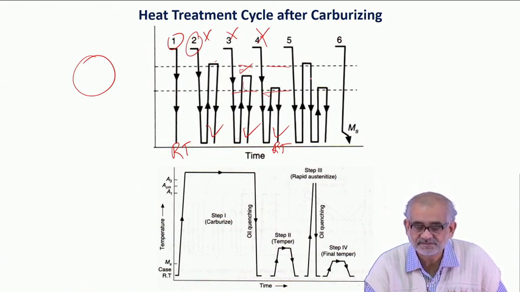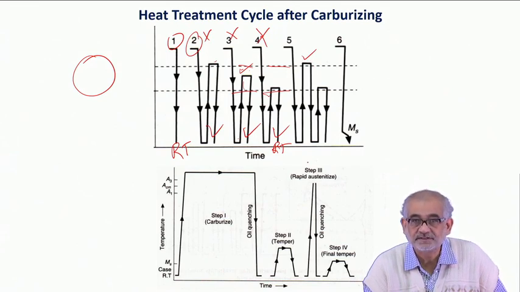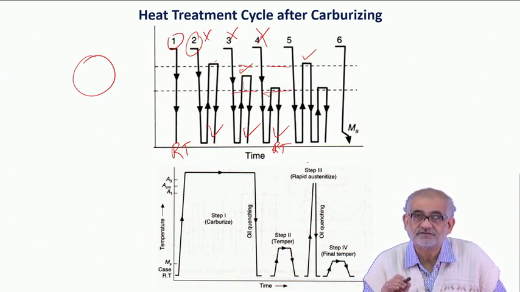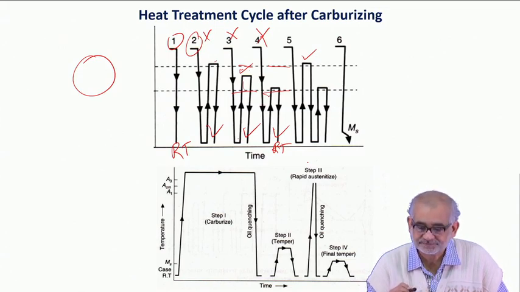So the component is the same. We first heat to above AC3 and then normalize. We don't necessarily quench, we just cool in still air, so that the coarse microstructure now converts into fine pearlitic or fine ferrito-pearlitic microstructure, good enough to give us a fair amount of toughness.